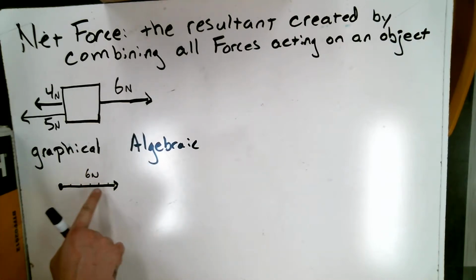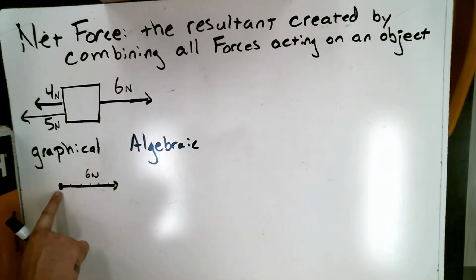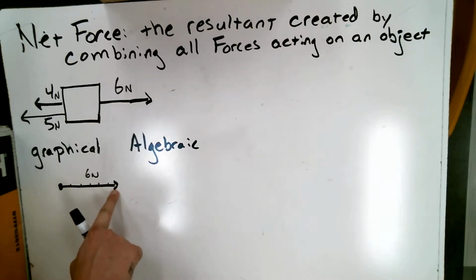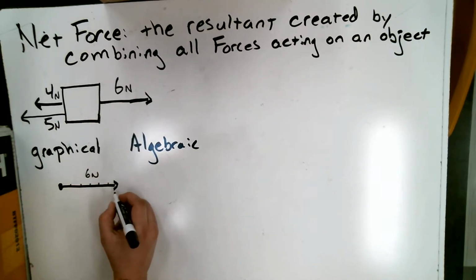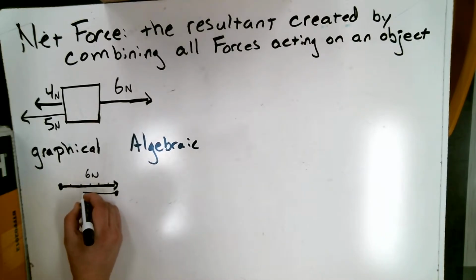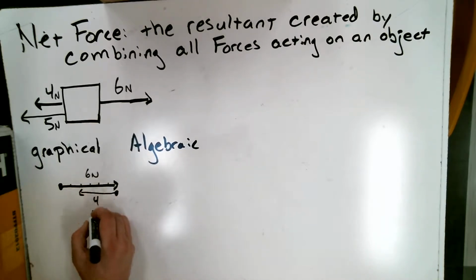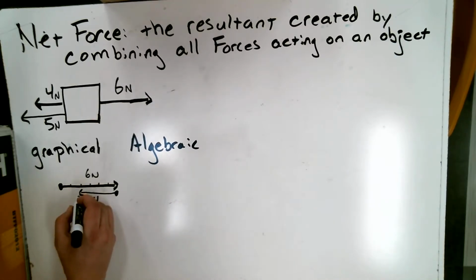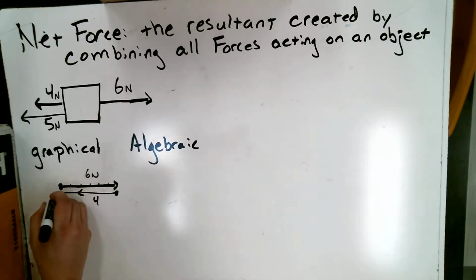To add a vector, I use the tip to tail method. So the tip of this vector is added to the tail of the next one. The next vector was a 4 Newton force to the left. And then on the tip of that one, I do the next one, which was a 5 Newton force, again to the left.